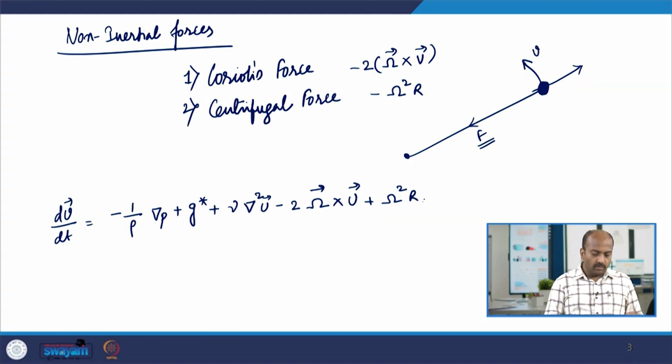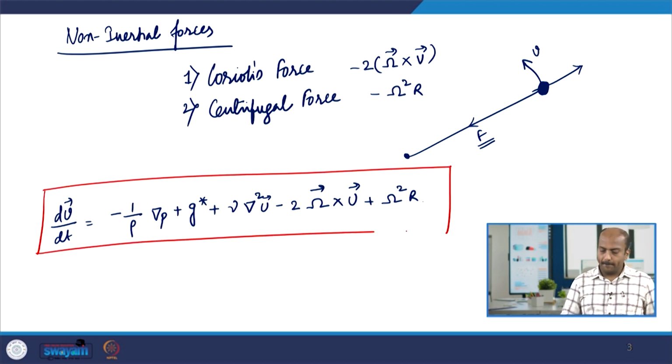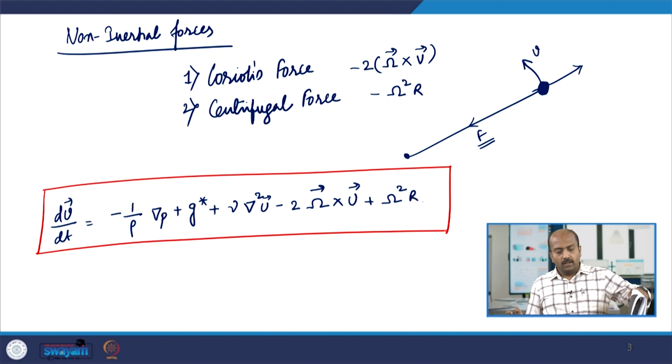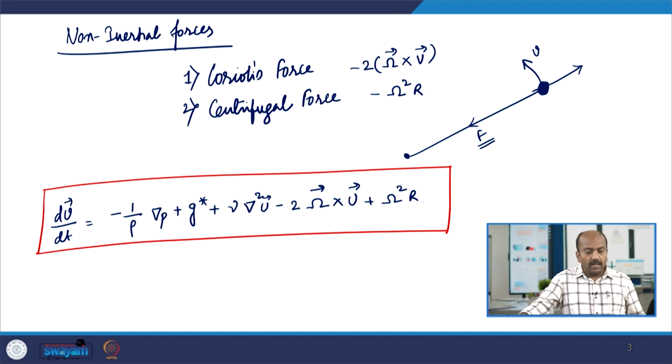So, this is the full equation of motion. Now you know what is what. This is the equation which will tell you how the air will move from one point to another point.